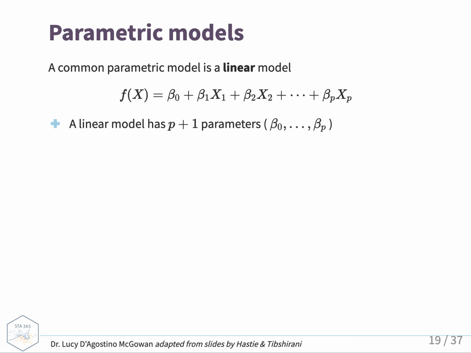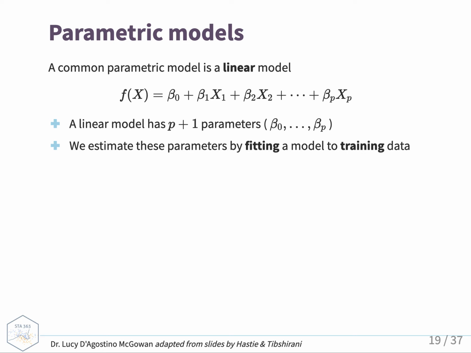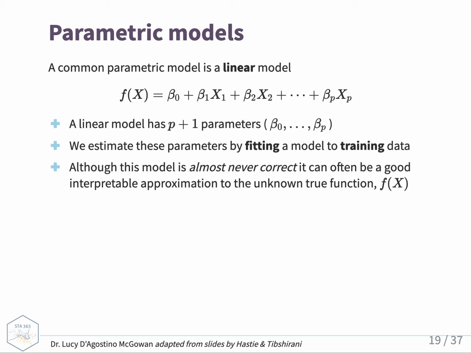So you have the parameters beta 1 up to beta p for each of the p predictors, and then beta 0 for your intercept. And so you can estimate these parameters by fitting a model to training data. And although this model is almost never correct, it can often be a good interpretable approximation to the unknown true function f of x.